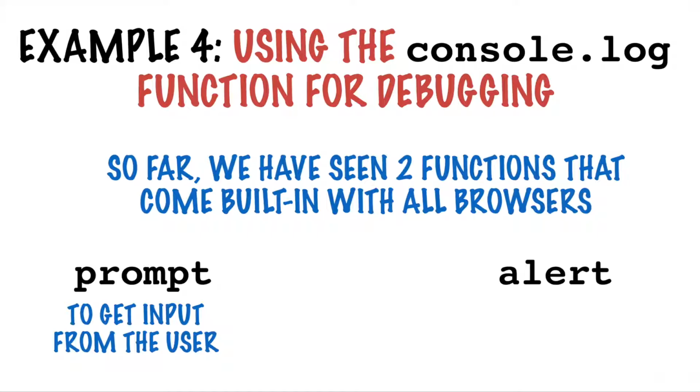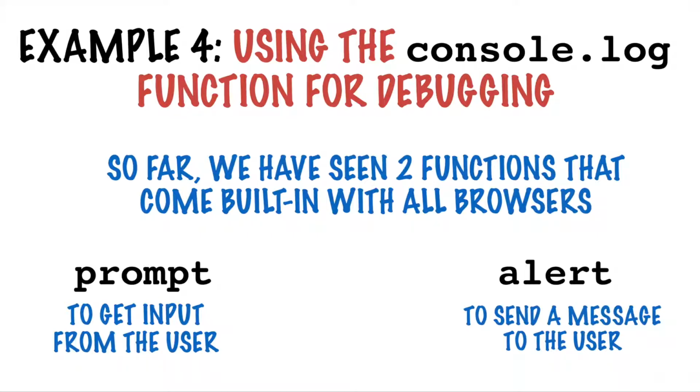It's a way of showing an area where the user can enter any input that he or she wants. And the alert function is used to send a message to the user. Both of these pop up a small box which allows you to enter something or display something to you as a user.